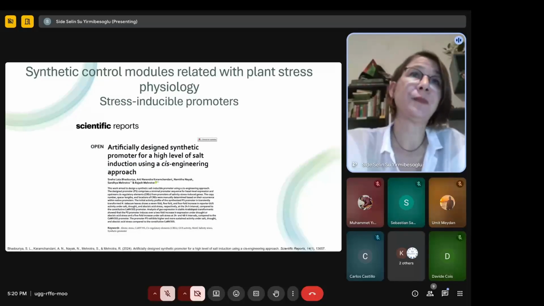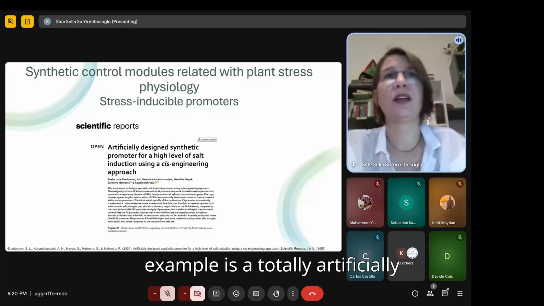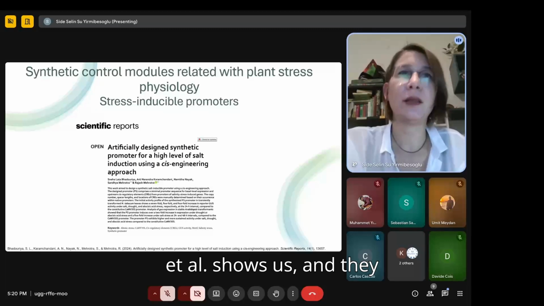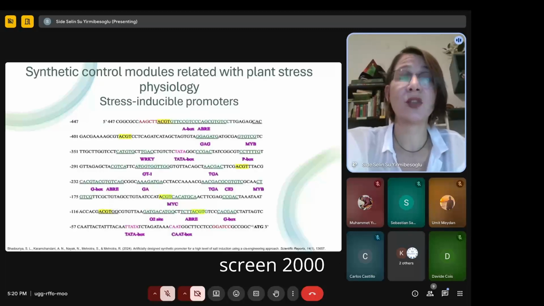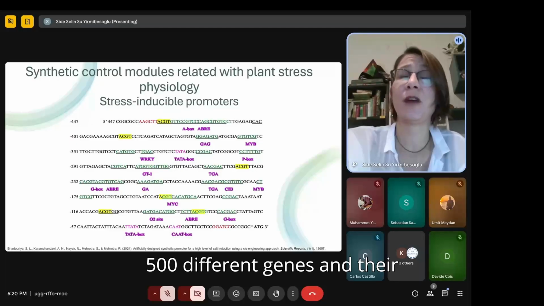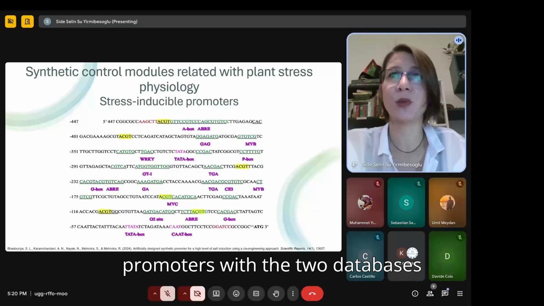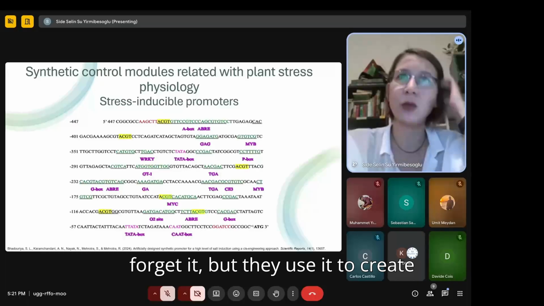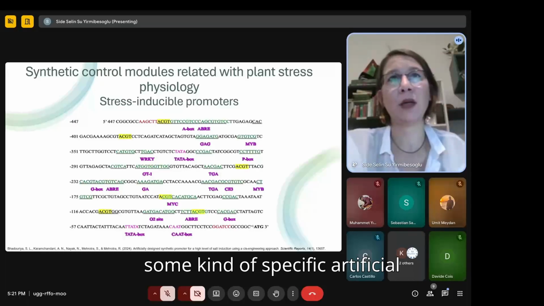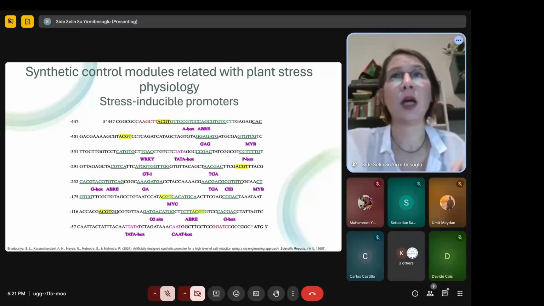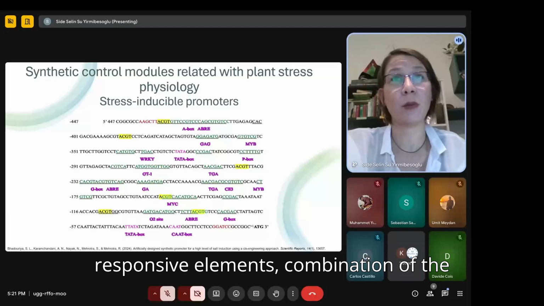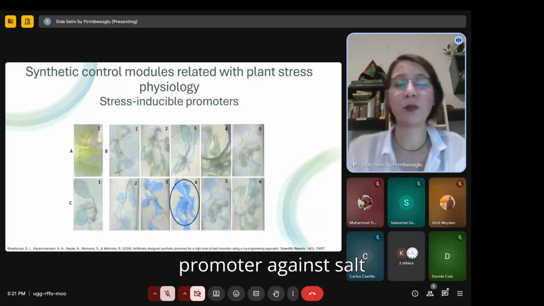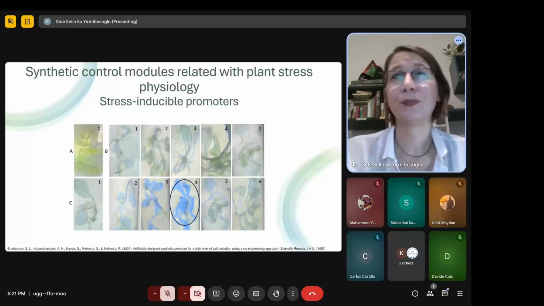Another important example is a totally artificially designed synthetic promoter, which Bahaduria et al. show us. They screened 2,500 different genes and their promoters with two databases, PLACE and another database I forget, and they used this to create a specific artificial promoter which has a combination of different responsive elements, and they can use this promoter against salt stress.